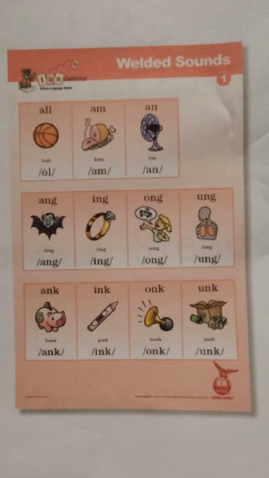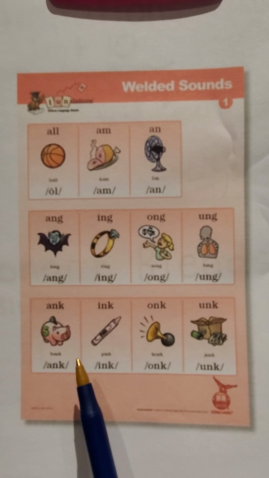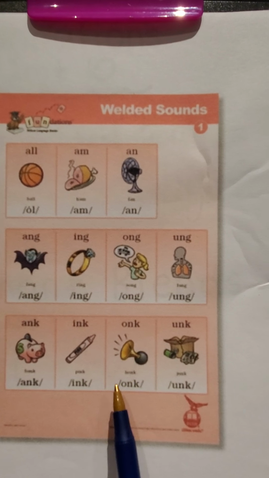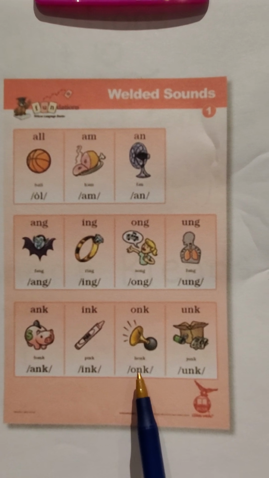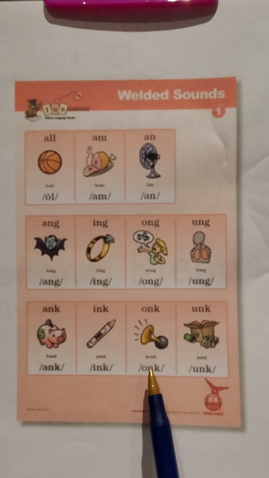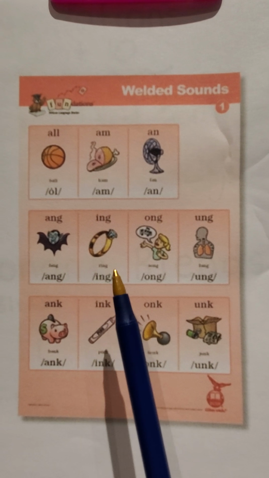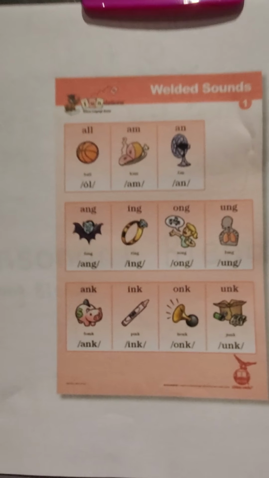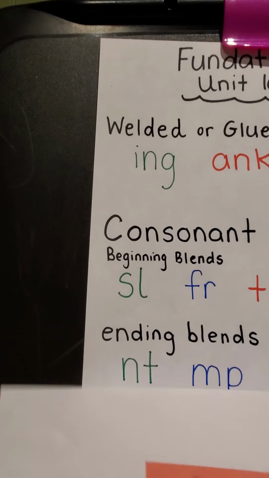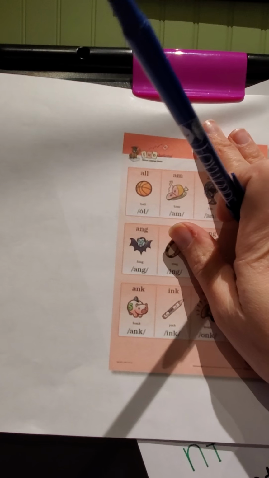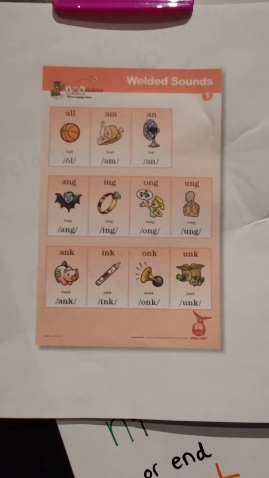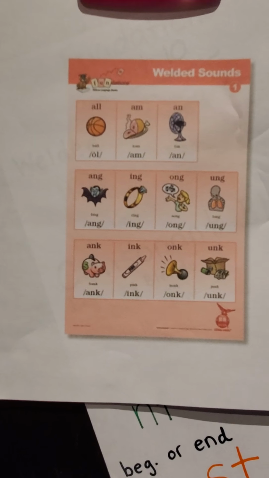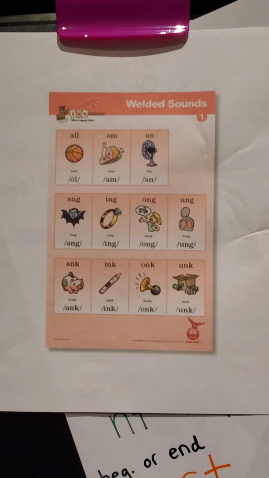So this unit, we're talking about ANK, bank, ank, ONK, honk, onk, and ING, ring, ing. And UNG, lung, ung. So those are our glued sounds.